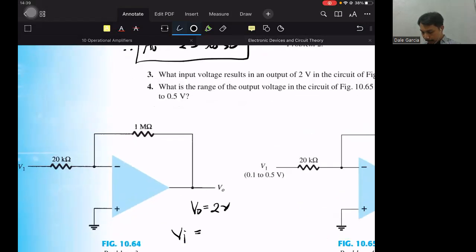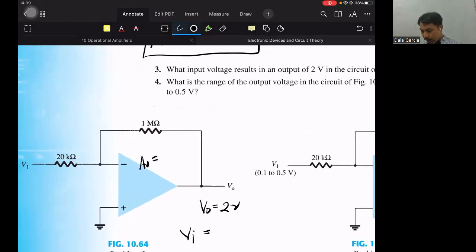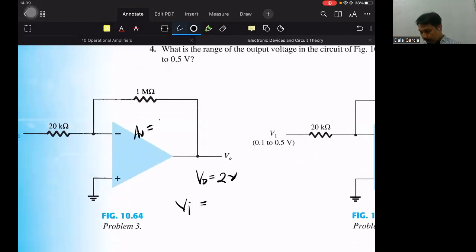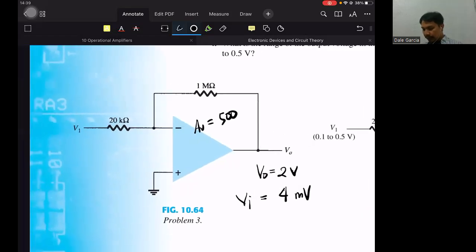The gain is 1 mega divided by 20 kilo, which is 50. The gain is 50, so the output is 2 volts. So 2 divided by 50. Is that right? Check.